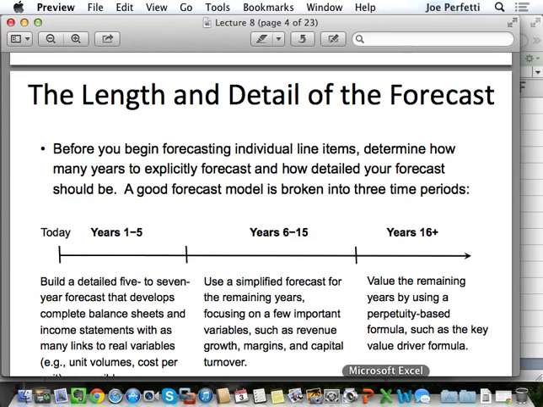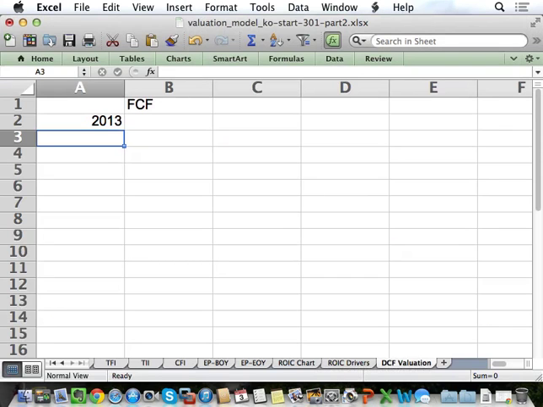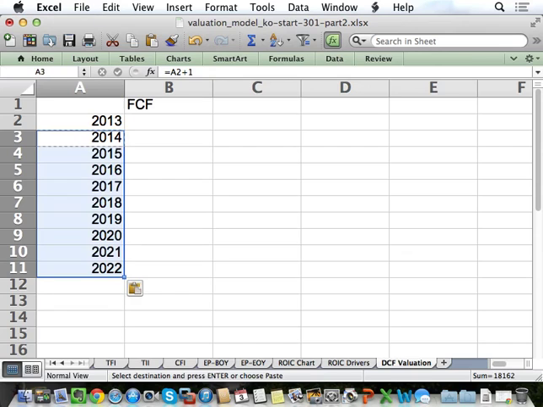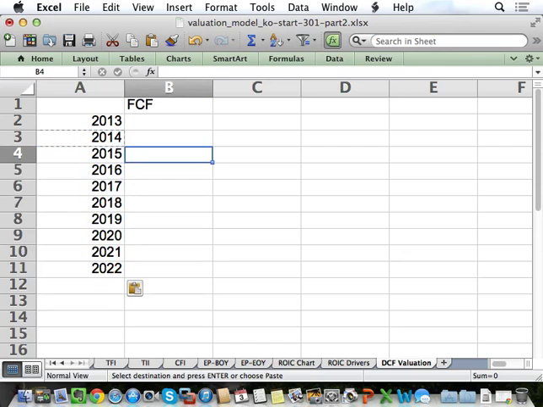So essentially, the first 10 years are the defined period. So I want this to be year plus 1 going out to 2022. Okay? So that is the first 10 years where we have explicitly forecasted free cash flow year by year. Right? So the forecast of free cash flows are coming from the CFI, because when we forecast the income statements and the balance sheet, it created the forecast for the free cash flow in the CFI.